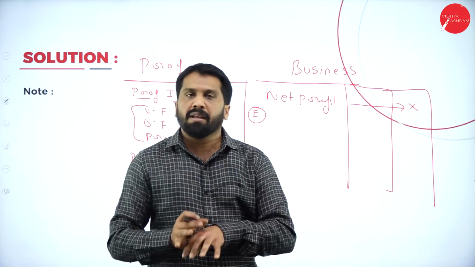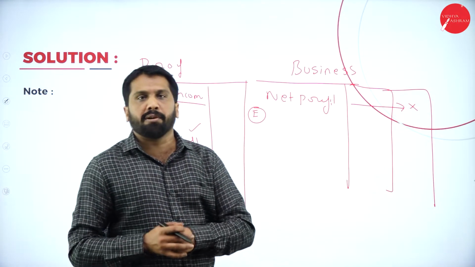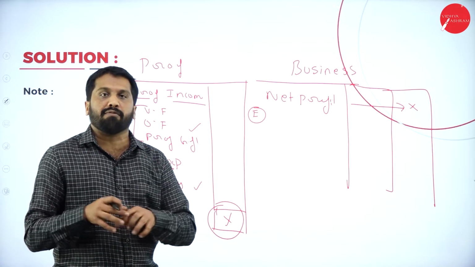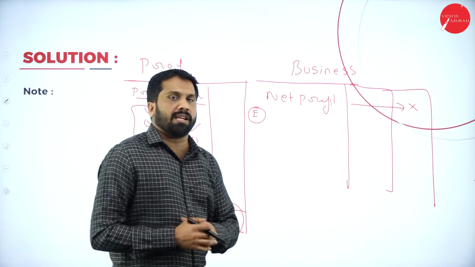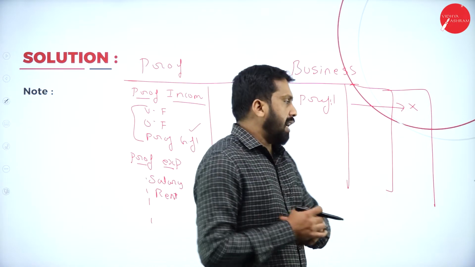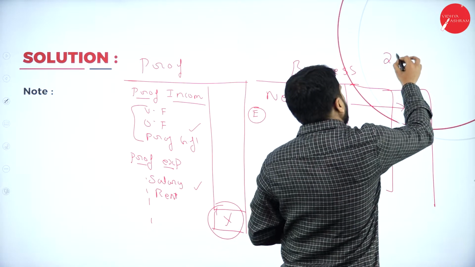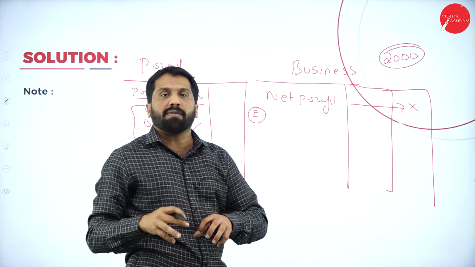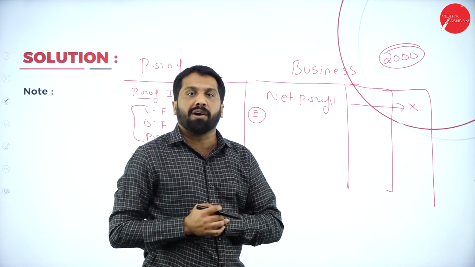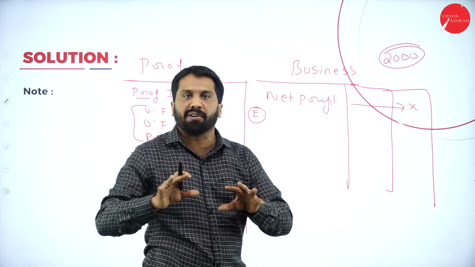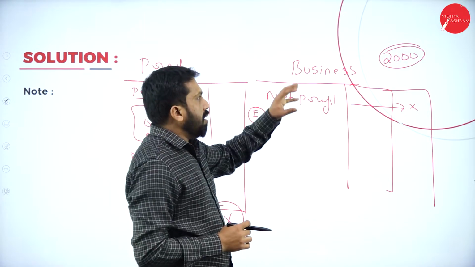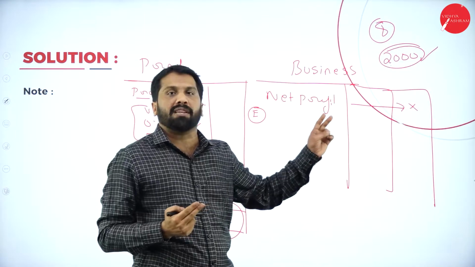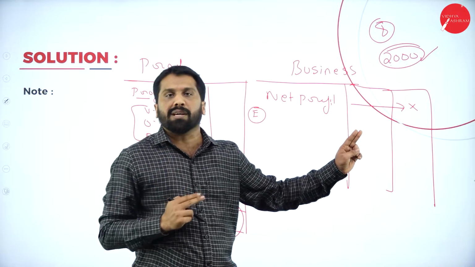Hope you are clear. I'll give you the best example. From college, they have given me 10,000 rupees for college work. Out of 10,000, I have spent 8,000 and given back the balance of 2,000.